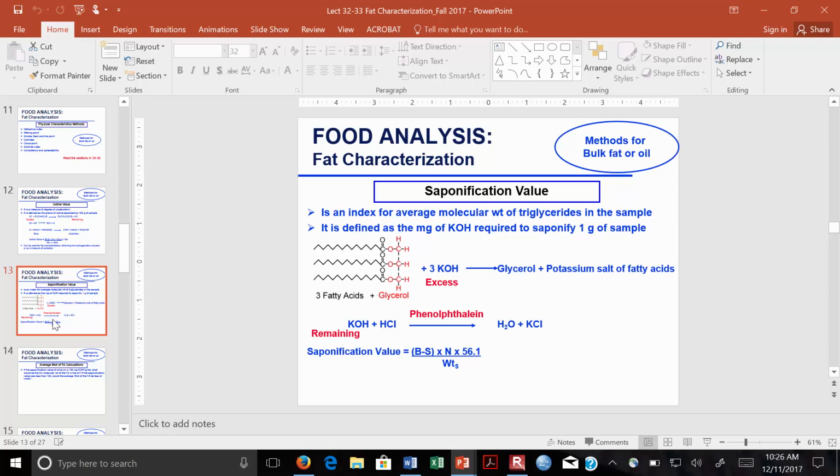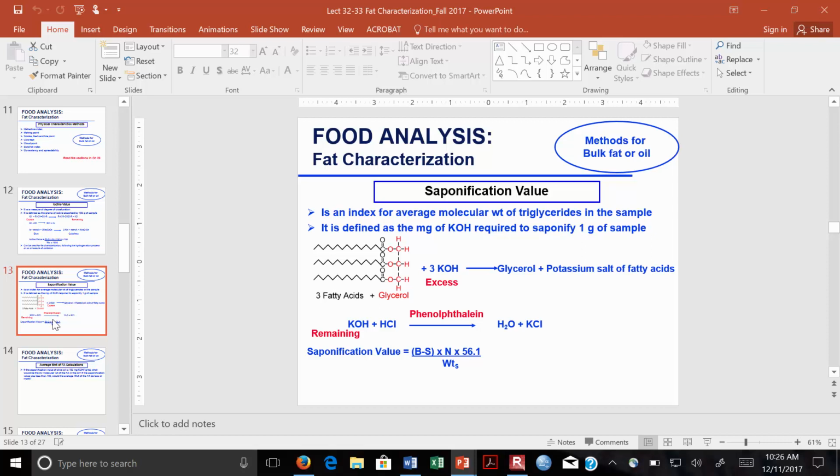Okay, so now how do we calculate the saponification value? Basically it's at neutralization, so NV equals NV, and we derived this equation in class. It's right there. So you would need to apply this equation. Remember that it's milligrams per 1 gram.